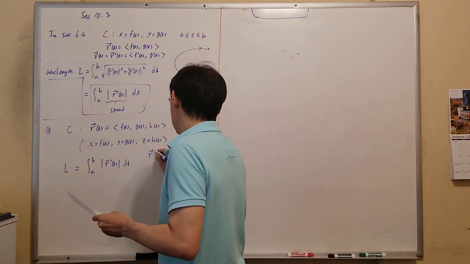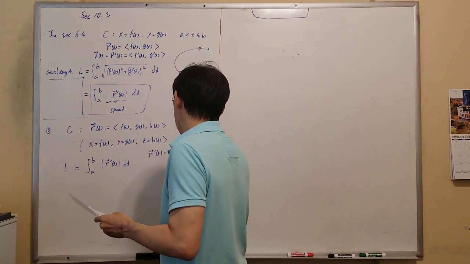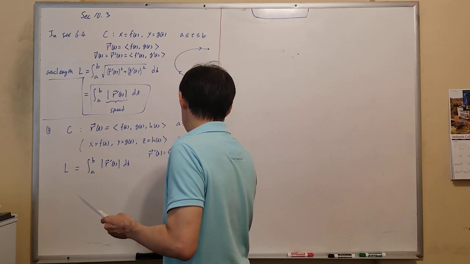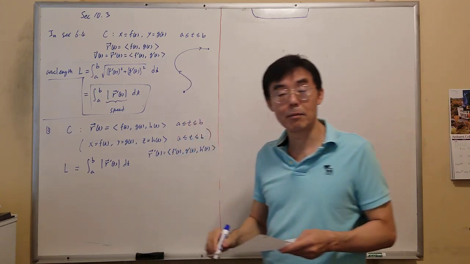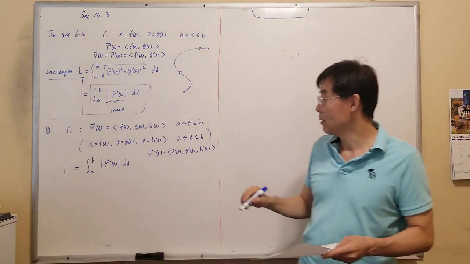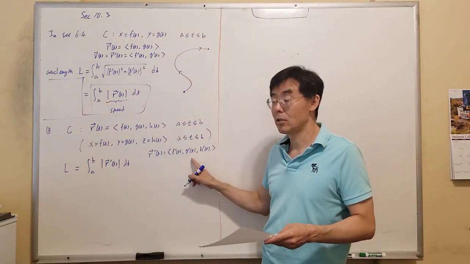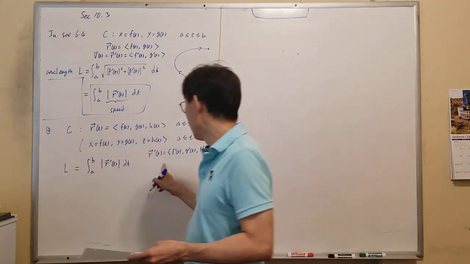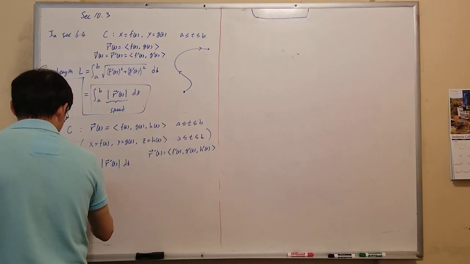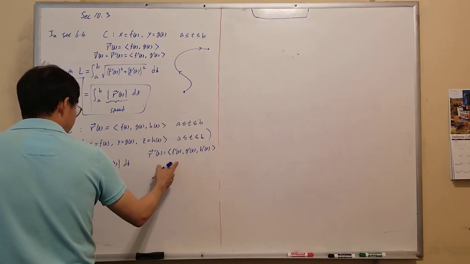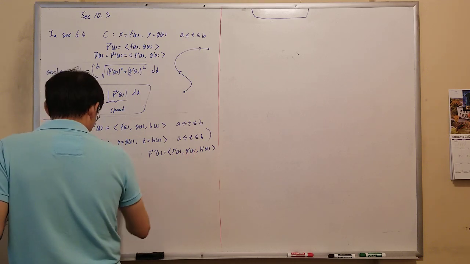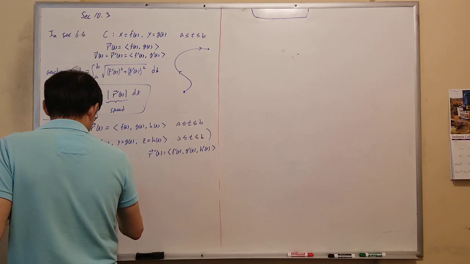Okay, r prime of t is f prime of t, g prime of t, h prime of t, as you learned in 10.2. The derivative of a vector valued function is obtained by taking the derivative of each component function. And the magnitude of this velocity is the square root of x component squared plus y component squared plus z component squared.